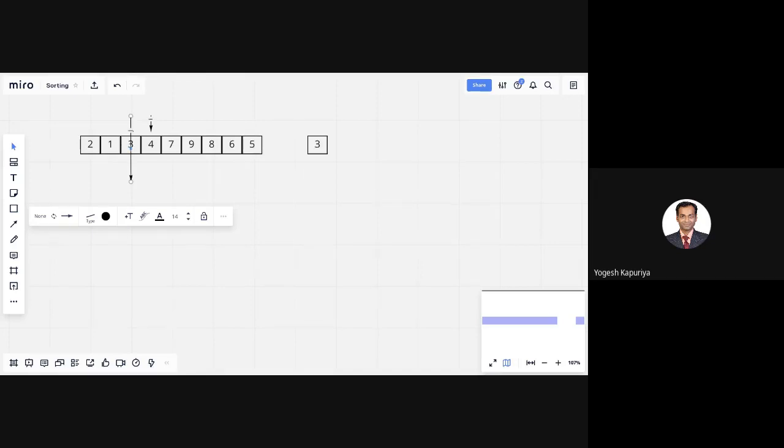Now what happens in the next case? So this is my partitioning.